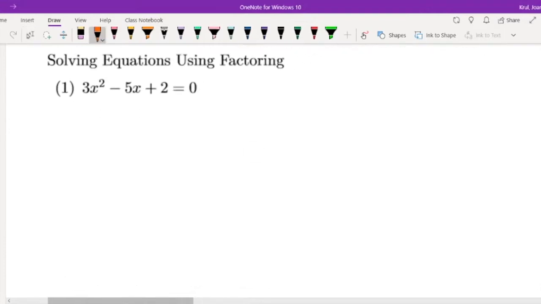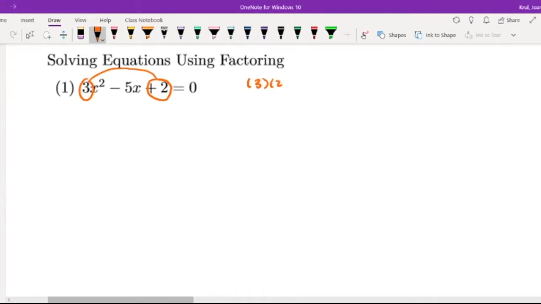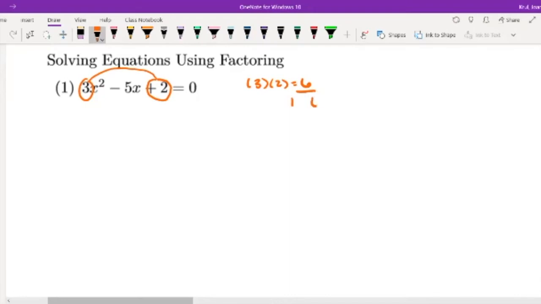So normally when we're factoring, we look to see how many terms there are, and then we're going to use this AC method here, where you multiply the first term by the back term, and that would be 3 times 2, which is 6. You look for your factors of positive 6.